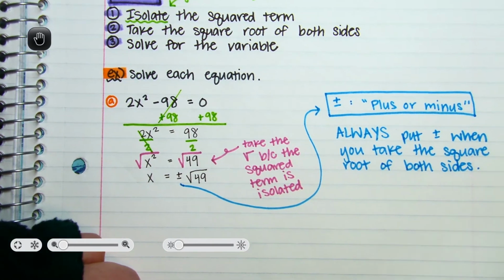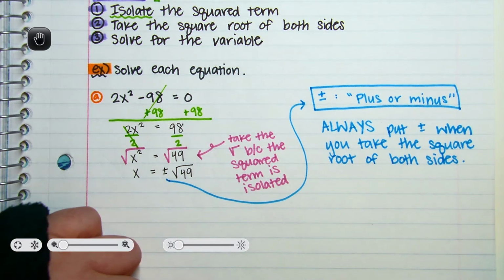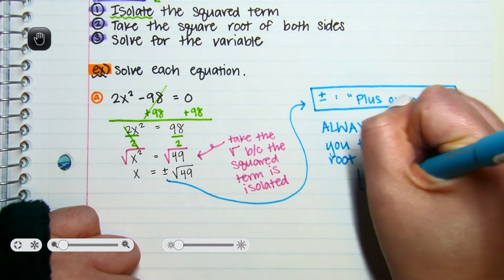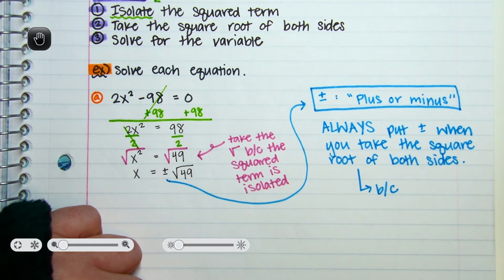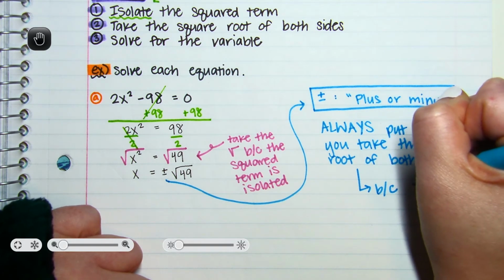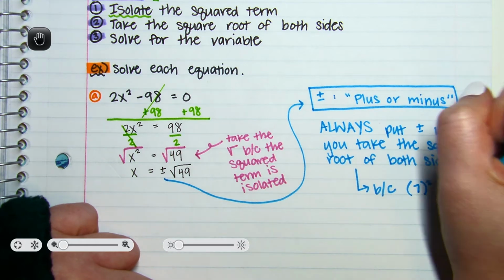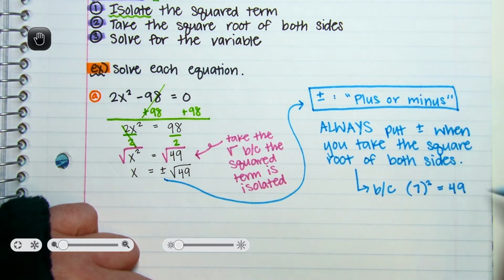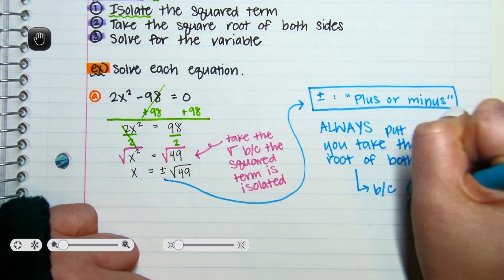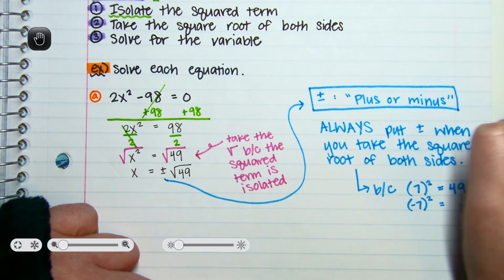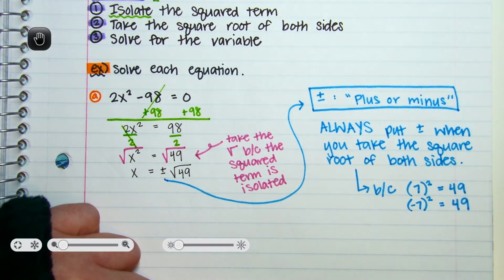Oops, sorry, that's cut off a little bit. Now the reason for that is because, you remember from our other notes with simplifying radicals, 7 squared is equal to 49, but negative 7 quantity squared is also equal to 49.